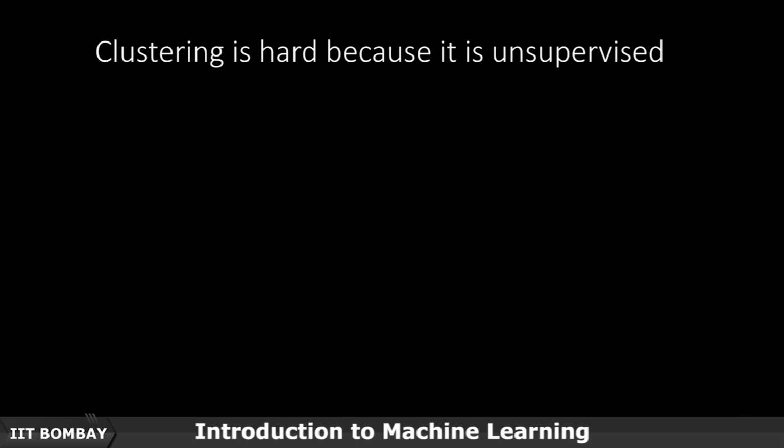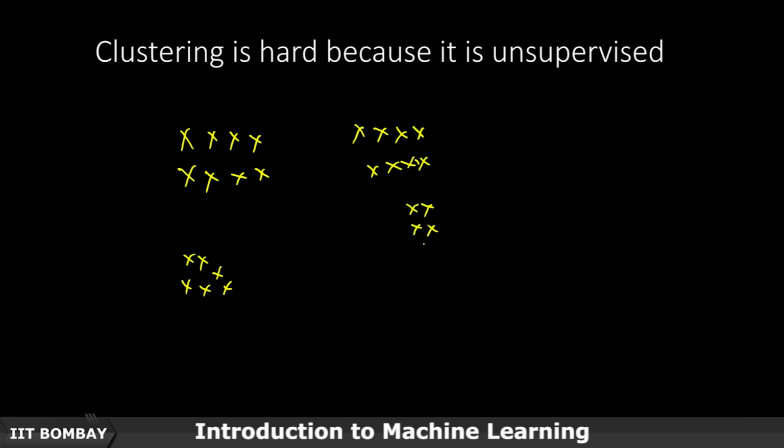So clustering is actually not an easy problem because it is an unsupervised problem. Let's take an example. Let's say we have a bunch of data points. If someone asks you how many clusters are there in this set of samples, it's hard to say whether these are 4 clusters or 3 clusters or 2 clusters.